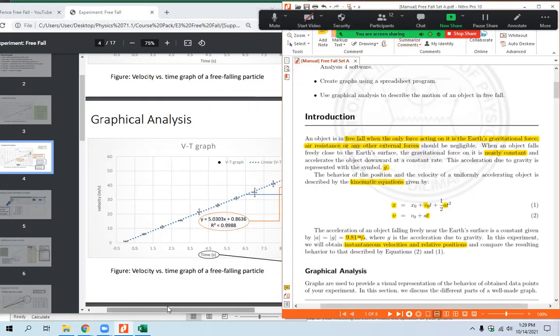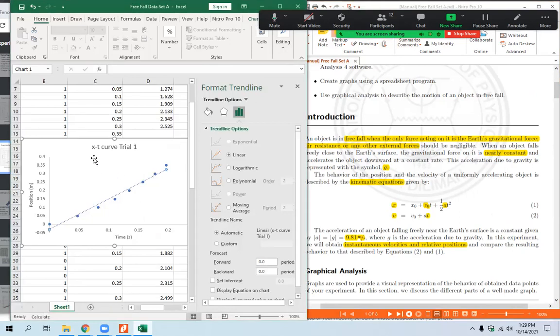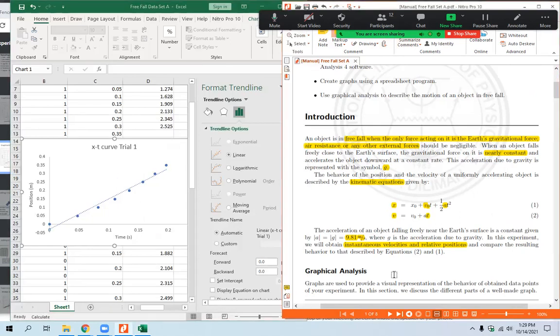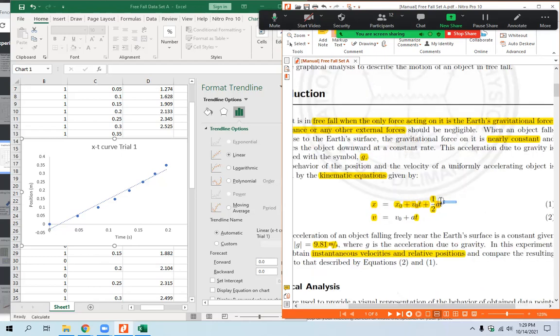If you recall dito, I'm plotting my x versus t. My equation 1 tells me that the kinematic equation is x naught, initial position, plus initial velocity times your time. Kung ito lang sana ang dalawang terms na to, linear yan. But I have a non-zero acceleration that's dependent on time squared.